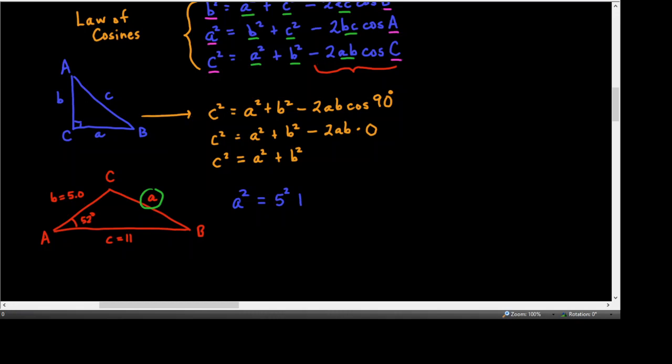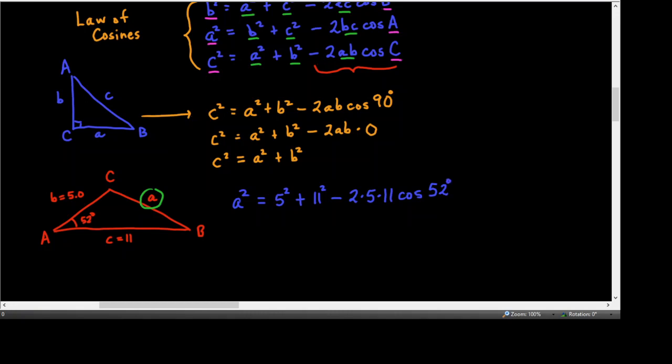So another side squared plus the third side squared minus 2 times the product of those two sides that you've chosen to use times the cosine of the angle that's between those two sides. So that would be 52 degrees.